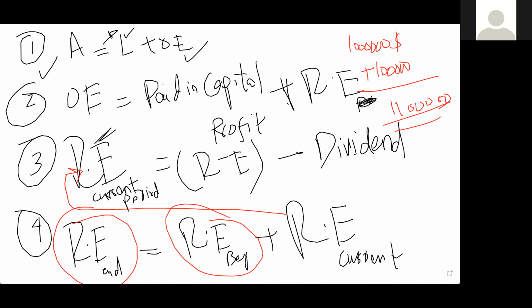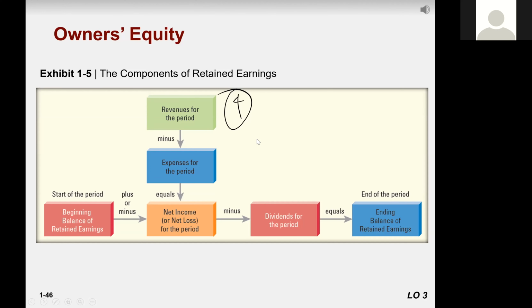These are the four formulas we are discussing in this slide, and we have discussed these formulas in previous slides. So going back to our retained earning: at the start of the period, the beginning balance of retained earning, plus or minus profit.